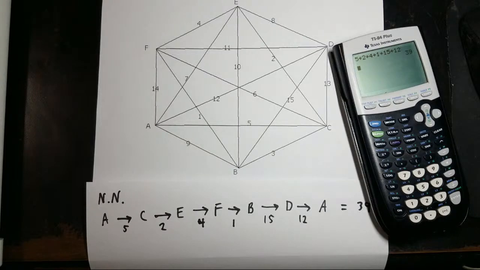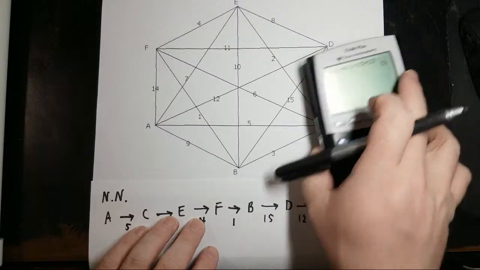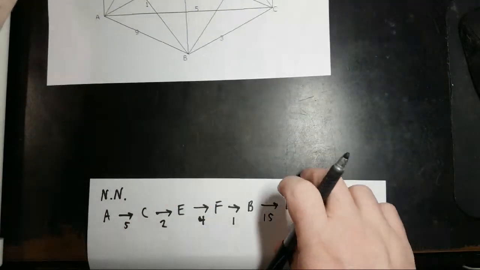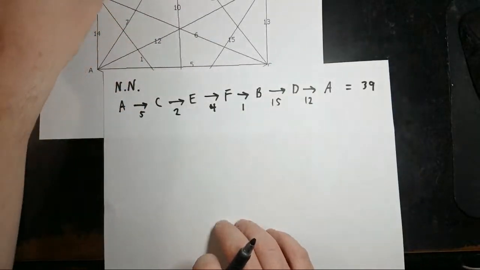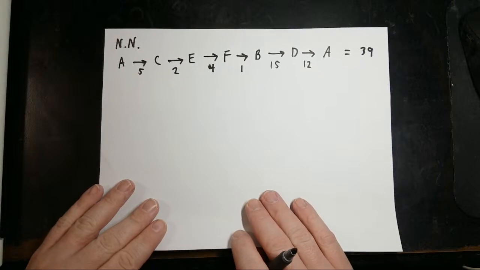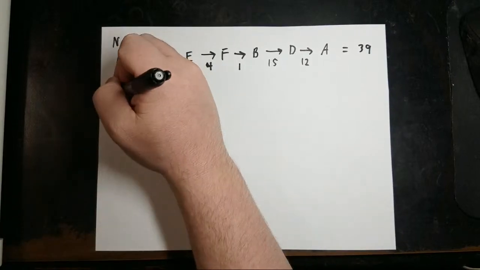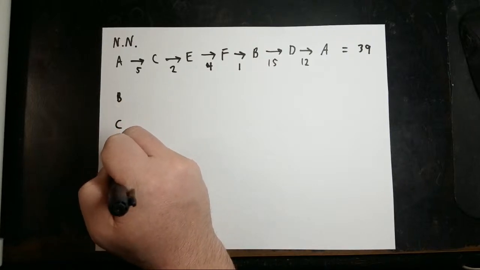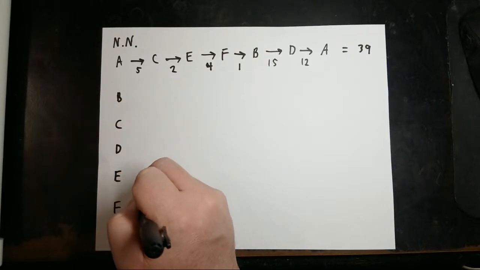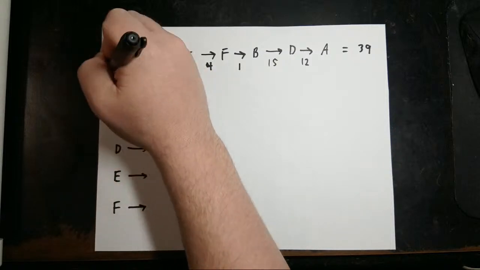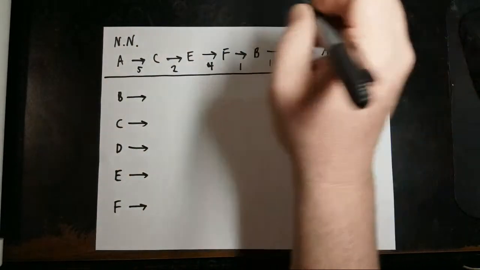All right. Let's try Strat 3, repetitive nearest neighbor. I'm going to kind of walk you through like this. I'm going to do a little side note. Again, if you want to see this image, there is a link in the description where you can go directly to this particular image that I'm working with.